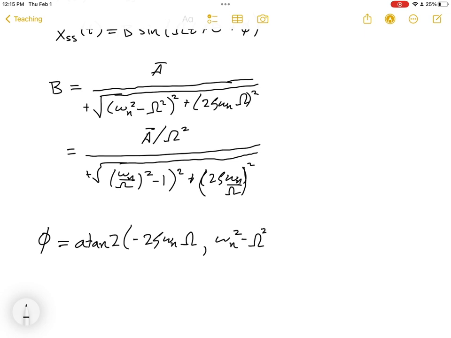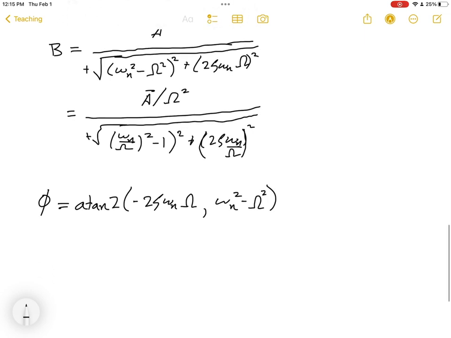If you'll remember, atan2 takes two inputs, y and x, and it's analogous to the arctangent of y over x, but when we give it the two inputs separately like this, we can maintain a negative sign if there is one.